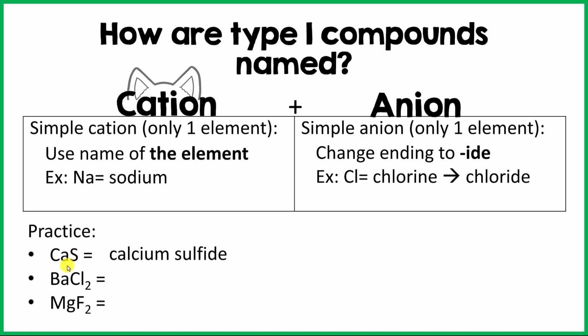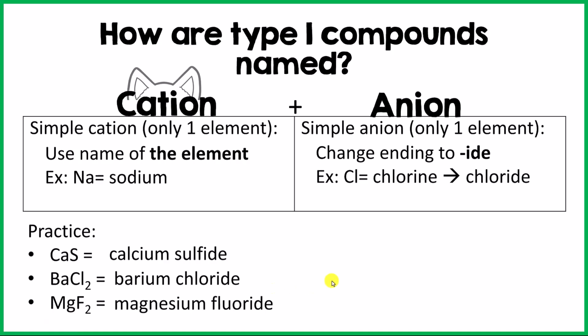So Ca is one element, S is a separate element, calcium sulfide. Doesn't matter here that we've got a 2 after the chlorine. We're still going to name this barium chloride. Same thing here. Doesn't matter that we have a 2 after that F. That's just balancing our charges, but it does not change the naming. And so we're going to have magnesium fluoride. Those are pretty straightforward.